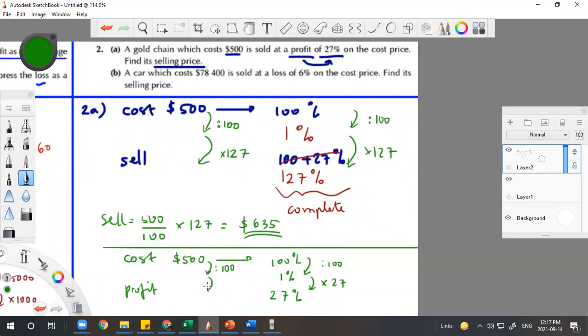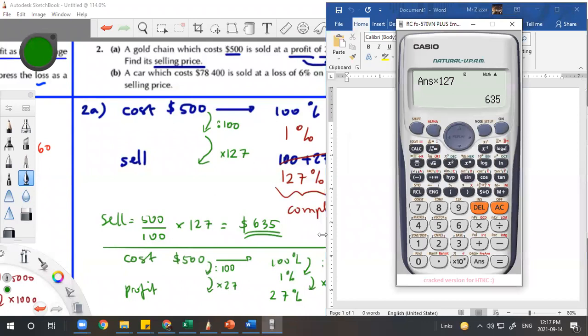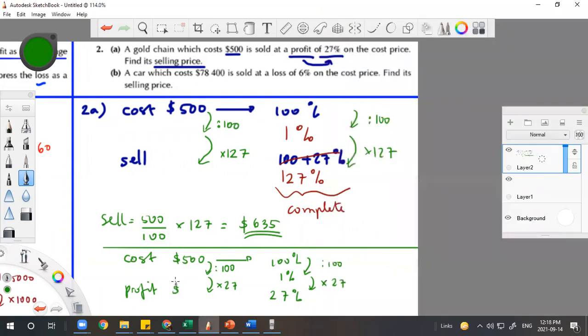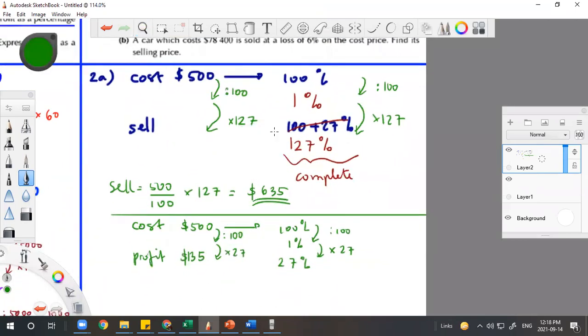So here, 500 divided by 100, and then multiply by 27. $135 for the profit, right? But the question is asking you for the selling price. So how do you sell with a profit of 135? Okay, simple. The cost price plus the profit, and it will produce the same answer as well. Okay, this is type 1. This is type 2.